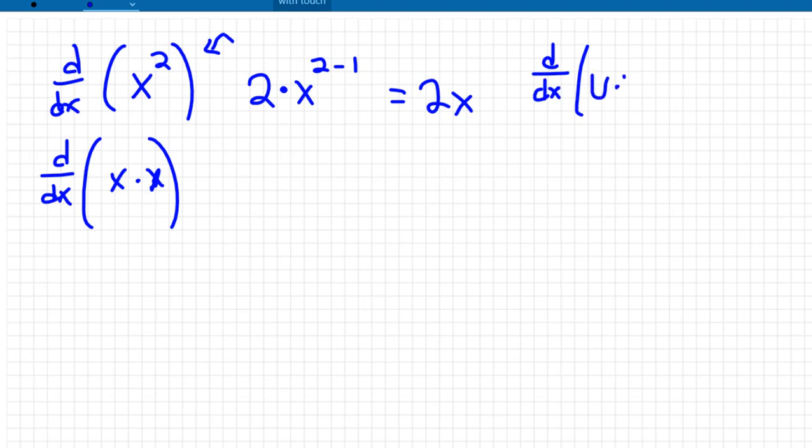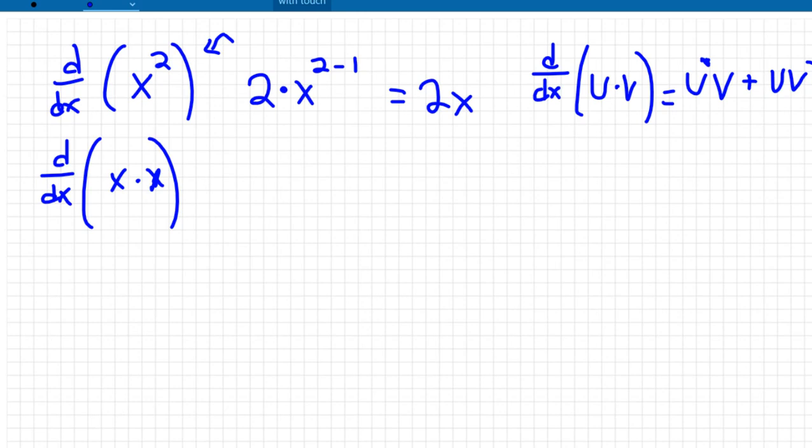The derivative of u times v is the derivative of the first times the original of the second plus the original of the first times the derivative of the second. So it'd just be u prime times v plus u v prime. I think that's the easiest way to put it. So u prime times v plus u v prime.